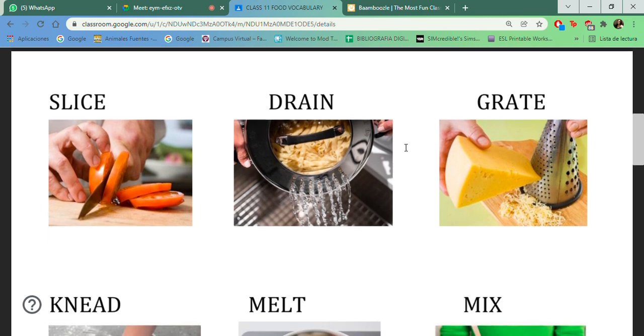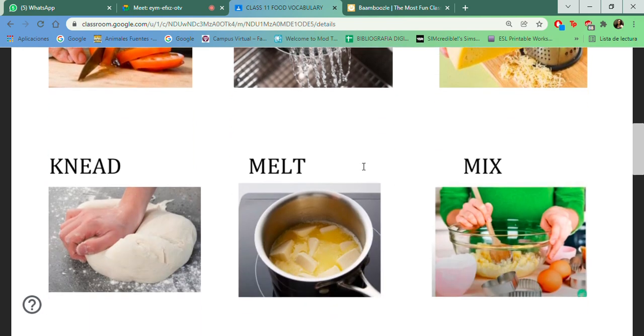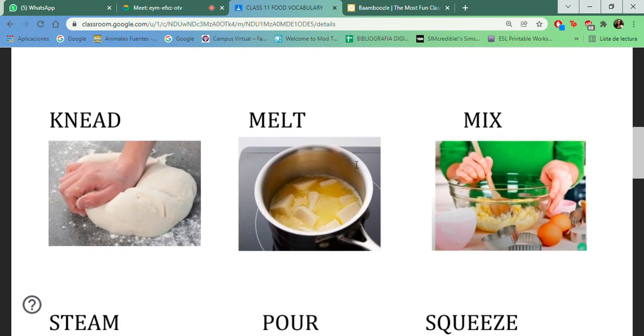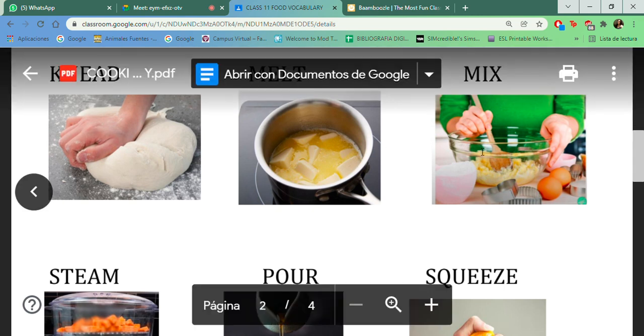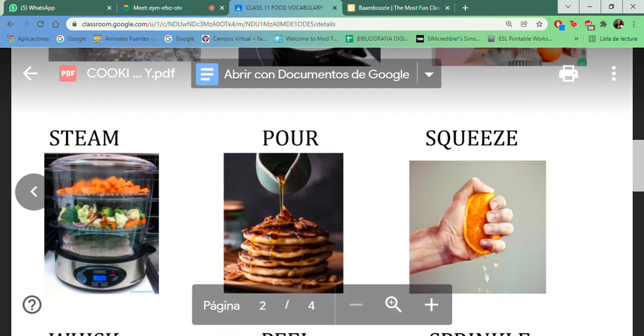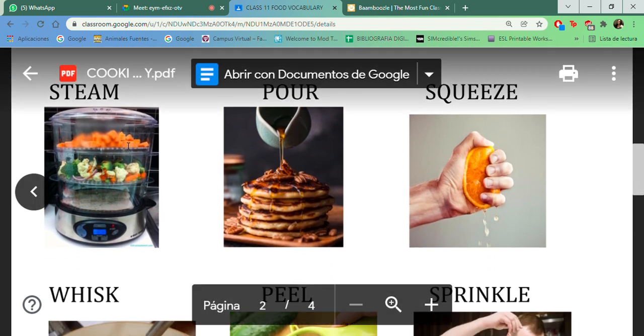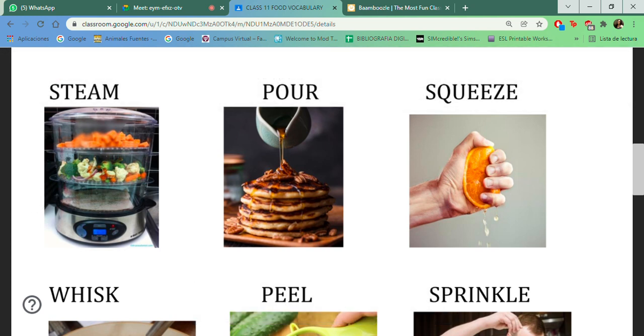Grate, the object is a grater. Knead, the dough, for example. Melt, butter, in this case. Mix the ingredients here. Steam, vegetables in this case. Pour here honey, right? This is honey, I don't know if you know, on the pancakes.